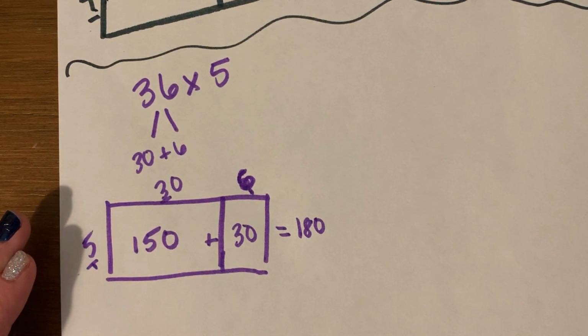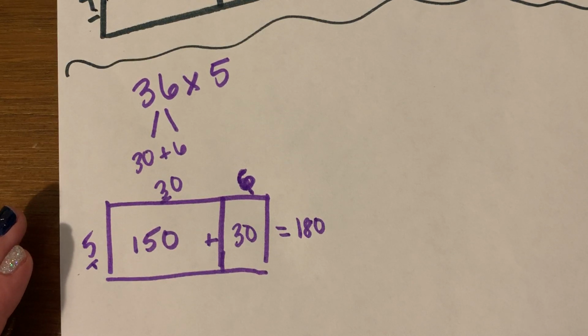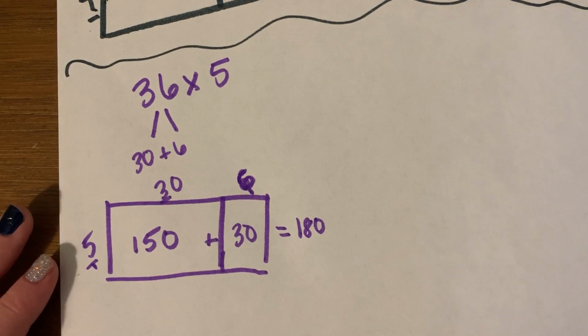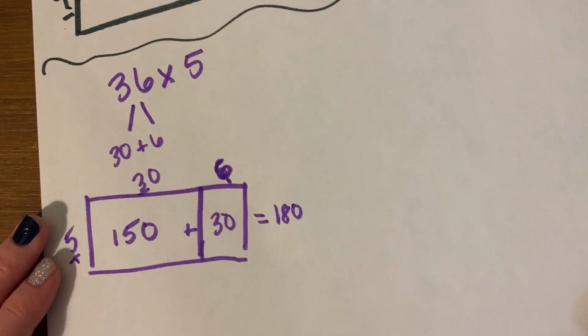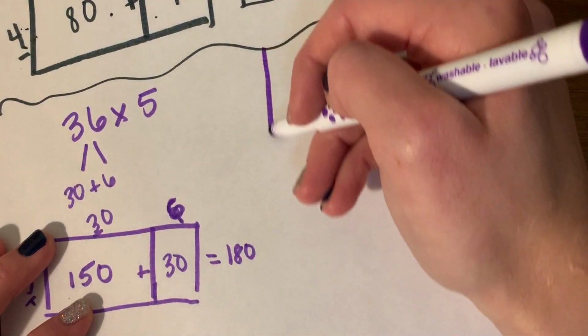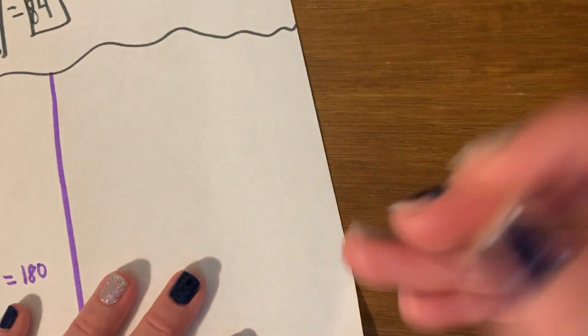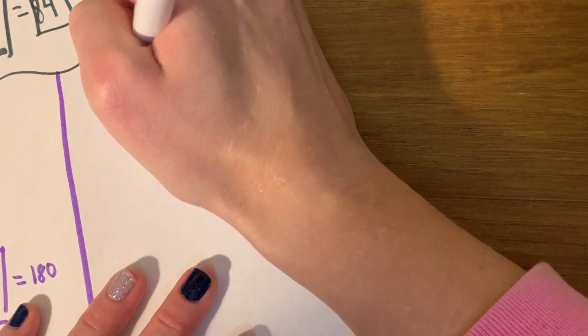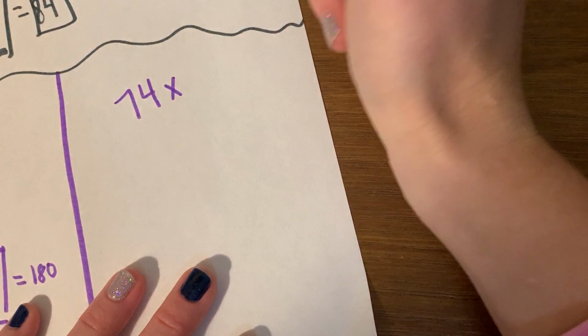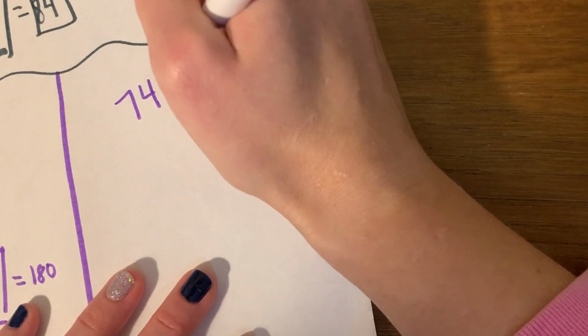So let's go ahead and try one more before we move on to a word problem. Okay, so let's go ahead and do 74 times 3.